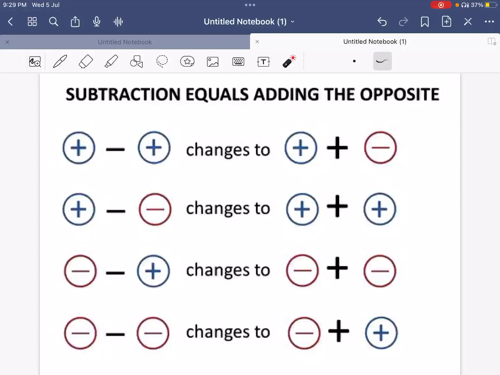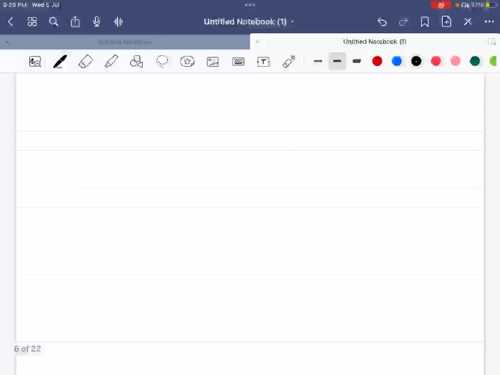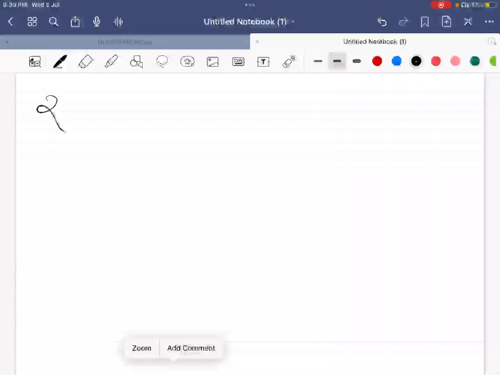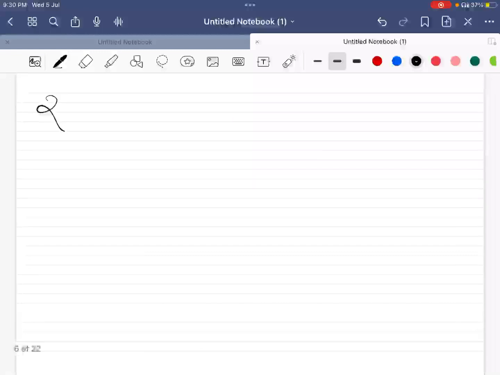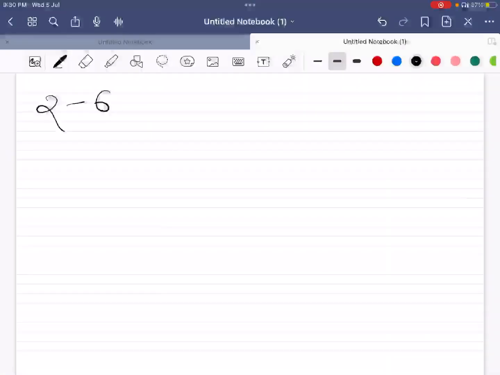Let's work on it. So we will solve some examples on this property. So let's take example 2 minus 4.